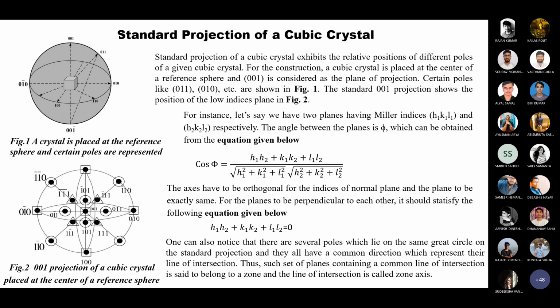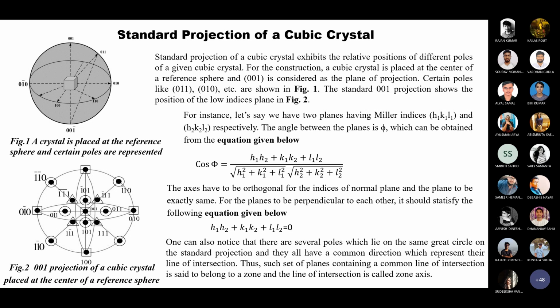Then you can use this equation to understand the orthogonality between planes. For the planes to be perpendicular to each other, cos theta or cos phi should be 0. How to get that? H1 H2 plus K1 K2 plus L1 L2 equals 0.